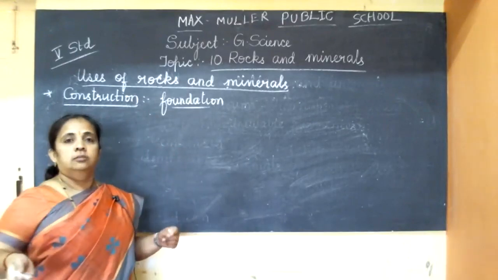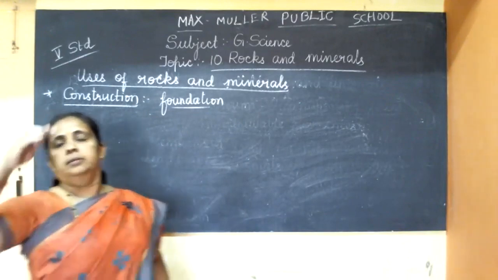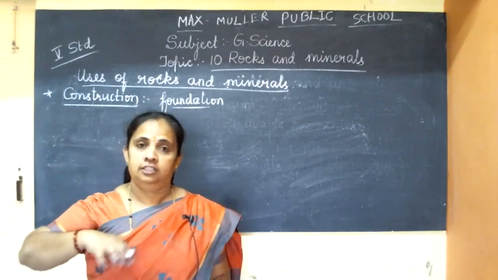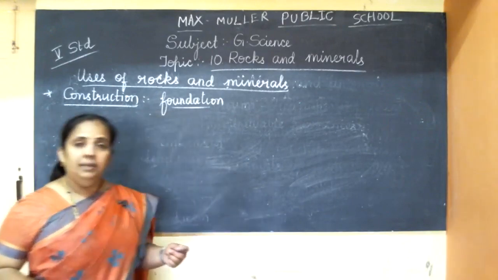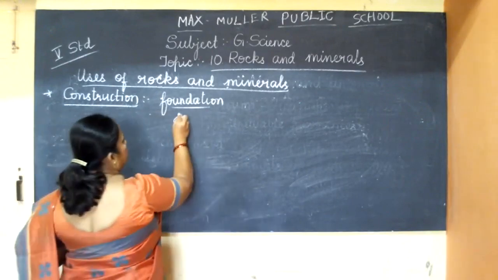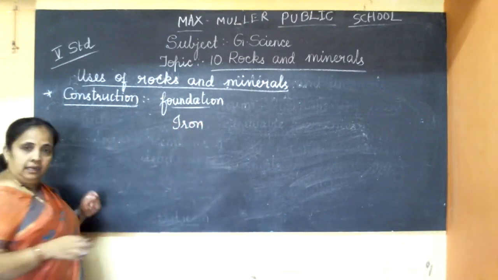When the construction begins, we use iron pillars. Suppose we are building five to six floors, so that the building should be strong, we are going to use pillars, is it not? There we use iron, which is a mineral, I said.